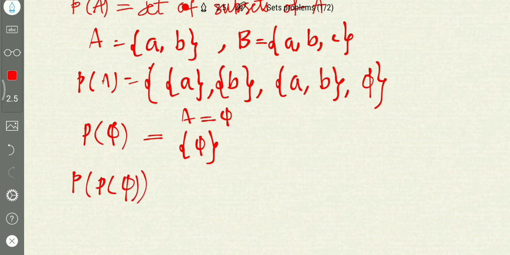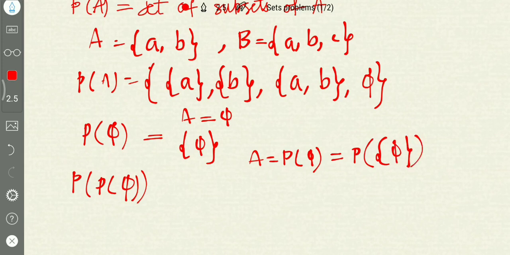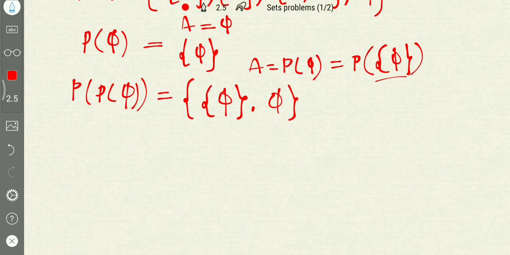So here A will be P of phi, which is this one. Then this is one element, and the other element will be the null set. And next one is P of P of phi.